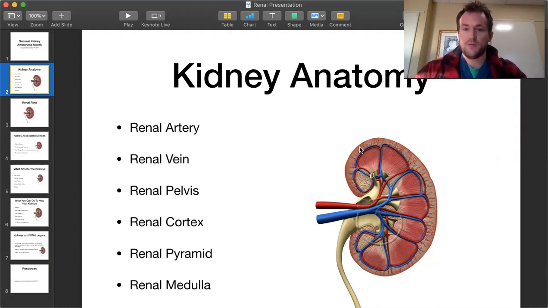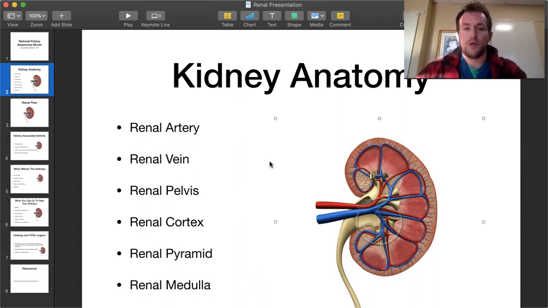This is a complicated structure, but it's an efficient filter. So the renal artery delivers blood to the outside region called the renal cortex. That's one of our other structures, but we'll get into that. So as a review, the renal artery delivers oxygenated blood with healthy, fresh nutrients to allow the kidney to function properly.